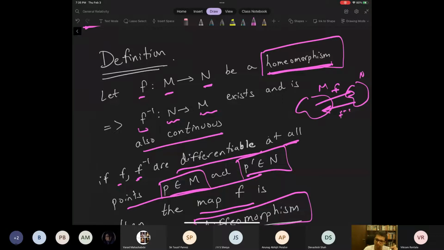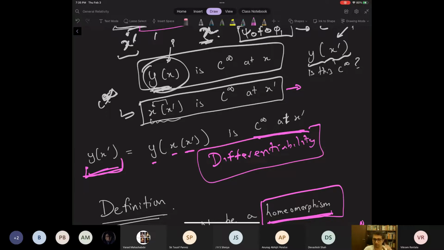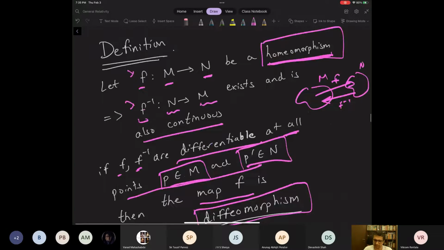That is, there's a notion of differentiability of these f's. Sorry, there were two different concepts that I was covering. One is the notion of differentiability, and the notion of differentiability is independent of the coordinate system that you employ. The second thing is that if you have two manifolds which are homeomorphic to each other, but the homeomorphism is also differentiable, then you say that the manifolds are diffeomorphic.